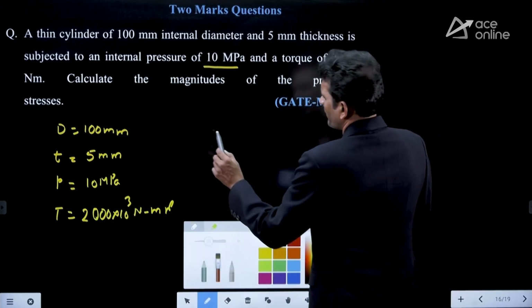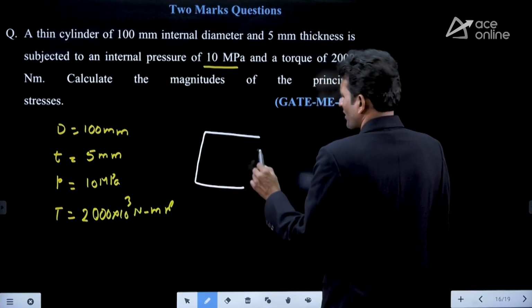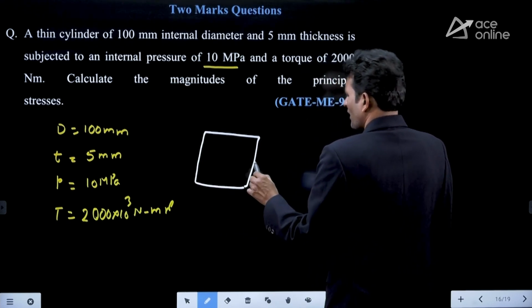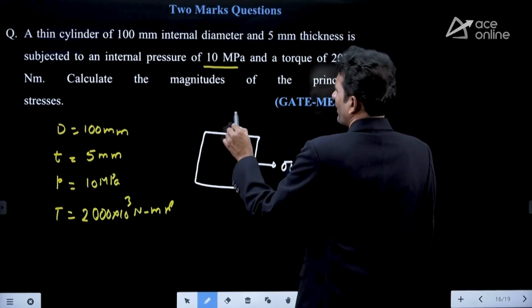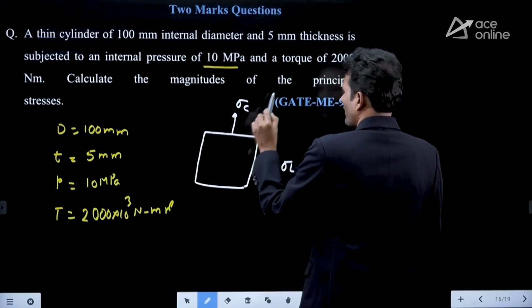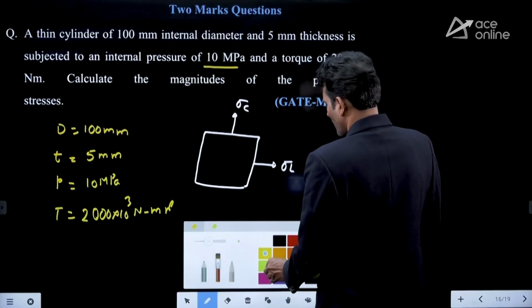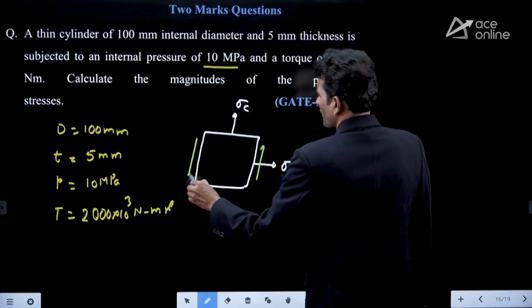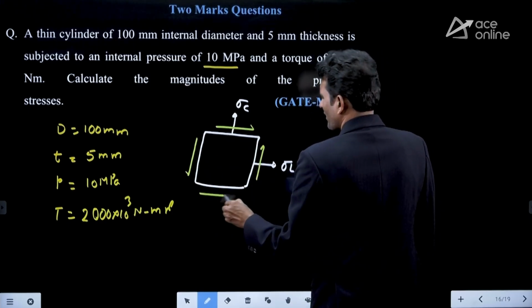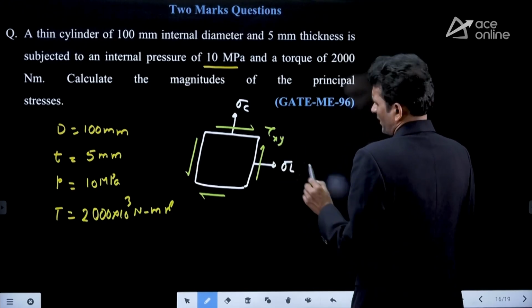Now, because of fluid pressure, we are having stress in the x direction as well as the y direction. In the x direction, you may consider it is the longitudinal stress. In the y direction, you may consider it is the circumferential stress. In addition to that, this torque will generate the shear stress. This is tau xy you can take.